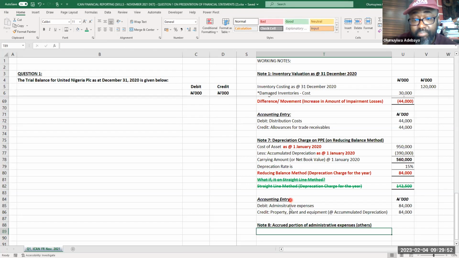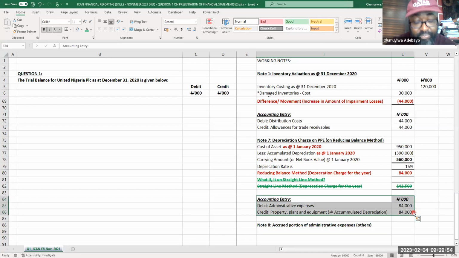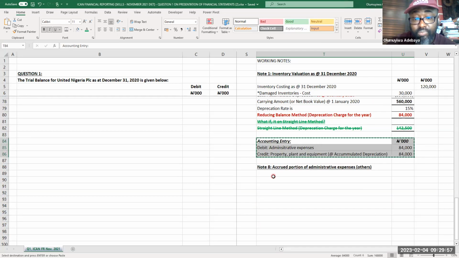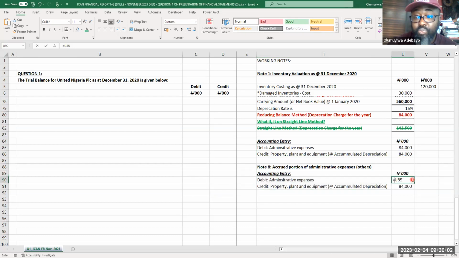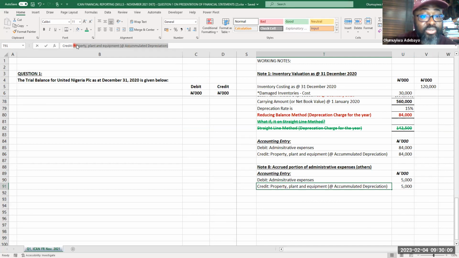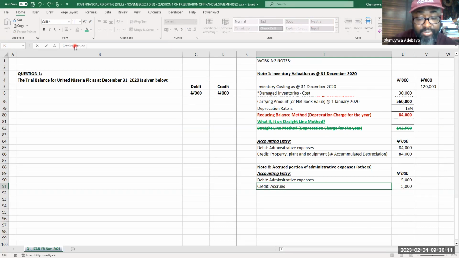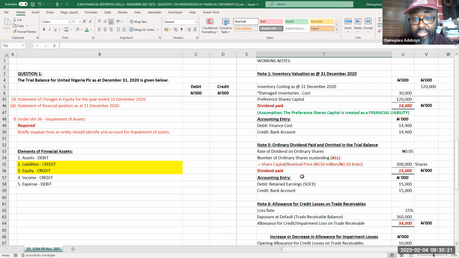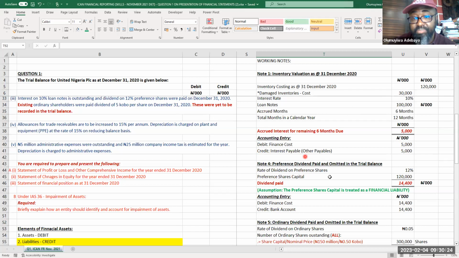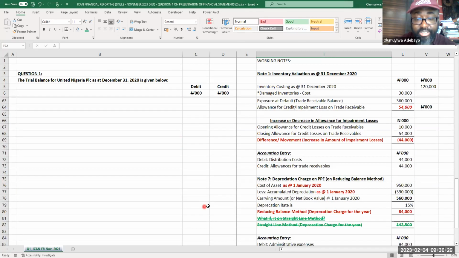Therefore, I account for them, 5 million. And because it's accrued, it goes to the accrued expenses account as a liability, which I'll group as other payables. Remember, we have one other payable before, which is the interest payable. Therefore, we take note of all of this.